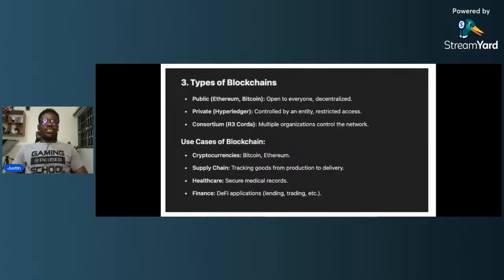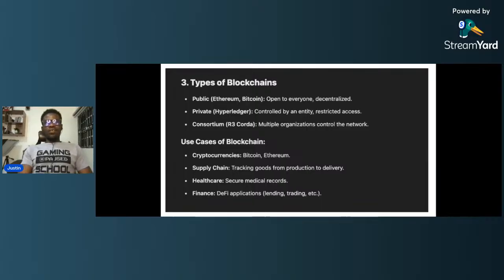We have Solana, Algorand, and many other L1 and L2 blockchains. For the scope of this study, we focus on Ethereum and Bitcoin. Public is open to everyone and decentralized. Private is controlled by an entity, with restricted access. In a consortium, multiple organizations control the network.